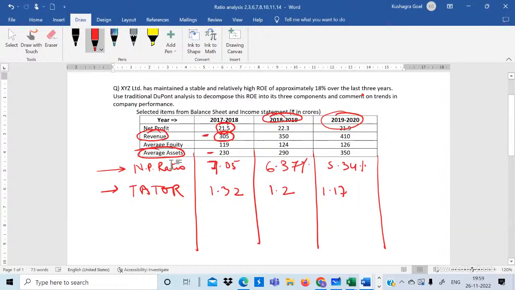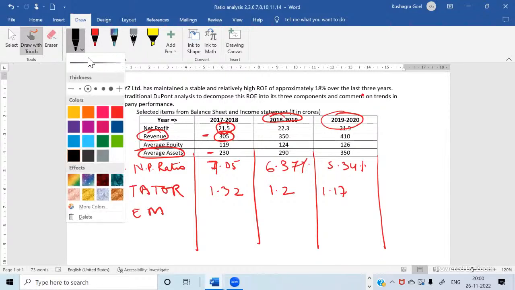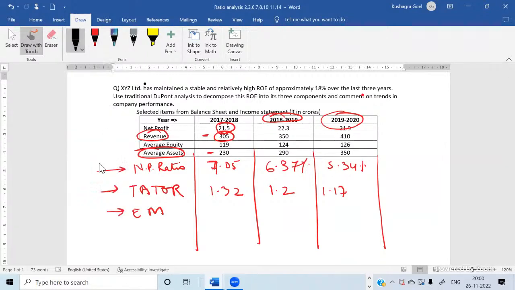Okay. So we've got two, which are net profit ratio and asset turnover ratio, and what we need now is equity multiplier. So how will you calculate your equity multiplier now? Which numbers will you take to calculate the equity multiplier? Yep, you'll take asset upon equity. So you'll take this and this.